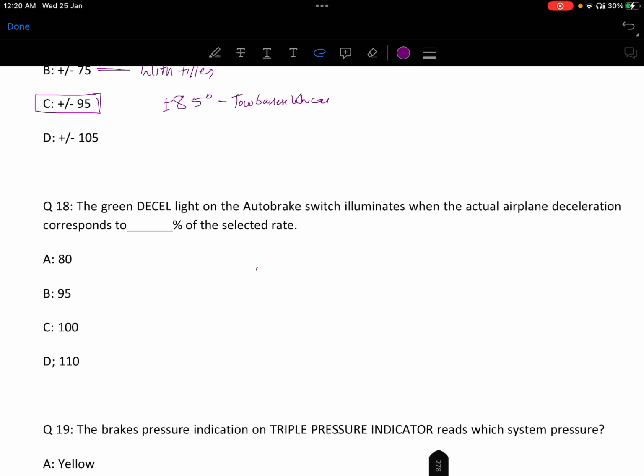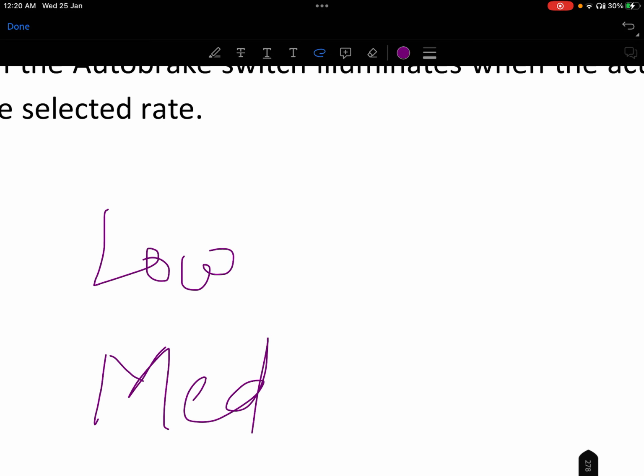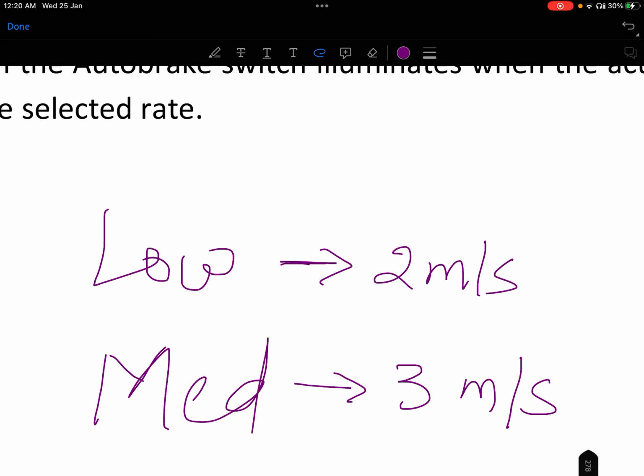Let's say we have selected low or medium braking. For low braking, the aircraft gives 2 meters per second deceleration. For medium, it is 3 meters per second, with the help of brakes, reversers and spoilers, everything.